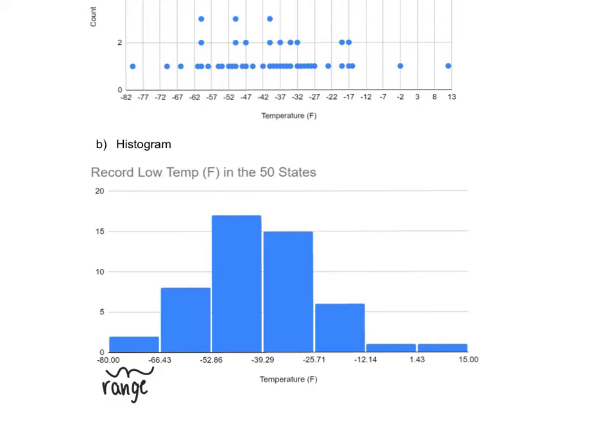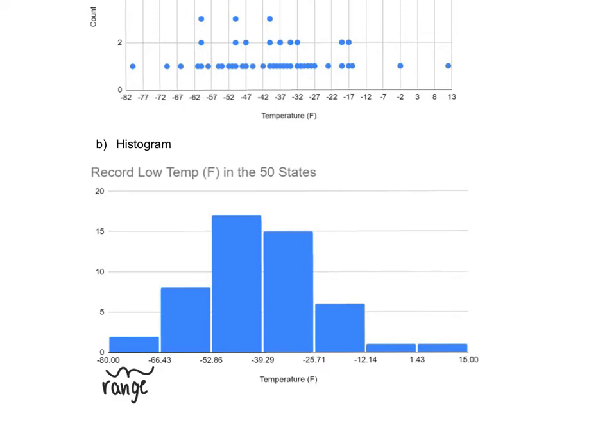So what you can do is adjust your bars. I should have done it for mine, but I didn't. You were more than welcome to leave it as decimals, but since none of our temperatures contained decimals, it probably would have been a good idea for me to adjust my range to go from maybe -80 to -66, and then continue whatever the width of that bar was for the rest of the temperatures, going all the way up to 15.